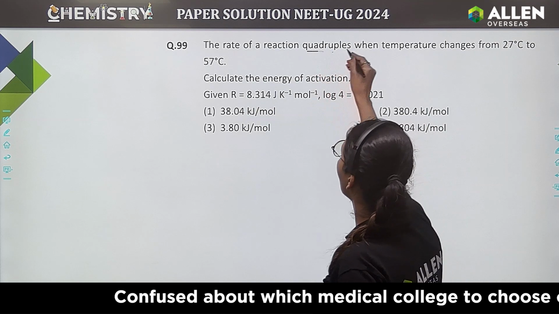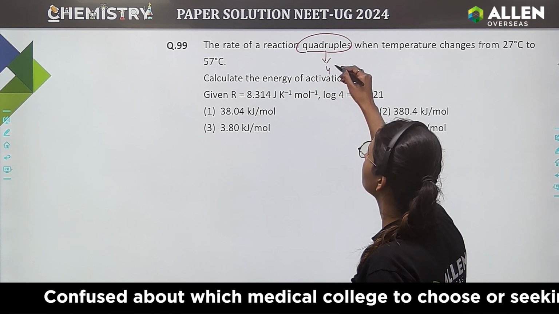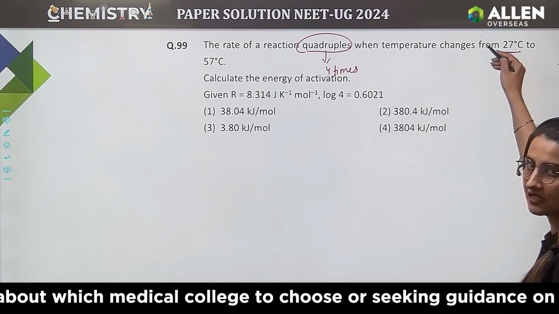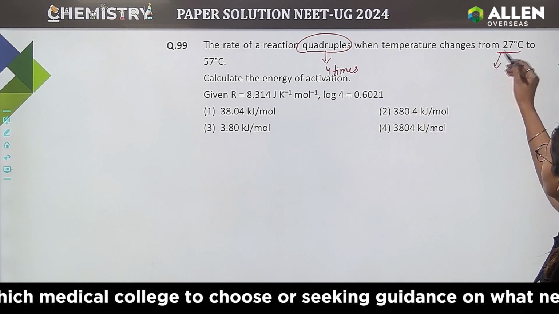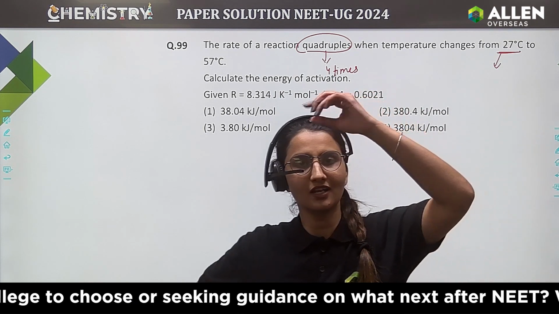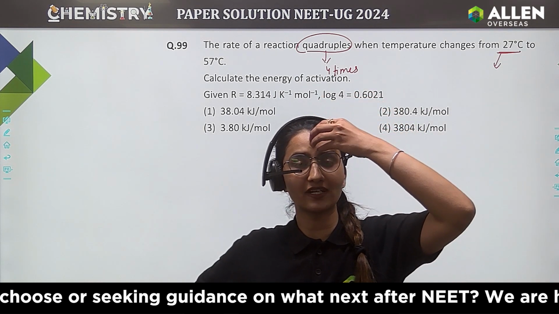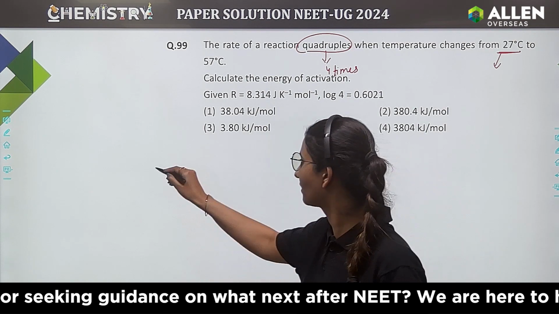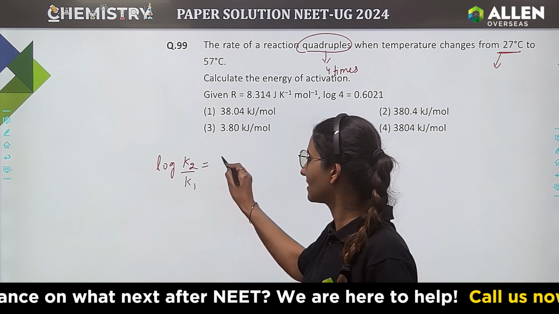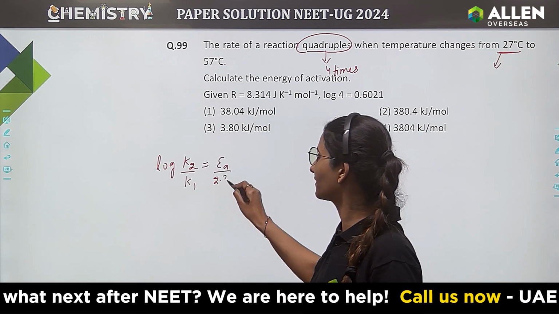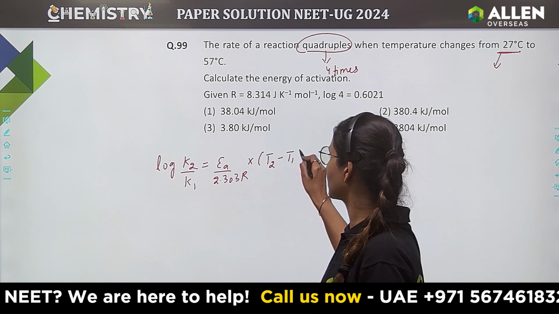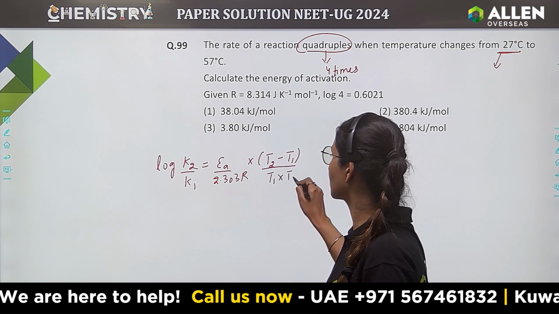Reaction rate quadruples. Quadruples means becomes 4 times when temperature changes. Let's convert this in Kelvin. You're given 2 temperatures. This is similar to a question which we did, how to find activation energy using this formula: log of K2 by K1 is equal to Ea by 2.303 R into (T2 minus T1) by (T1 into T2).